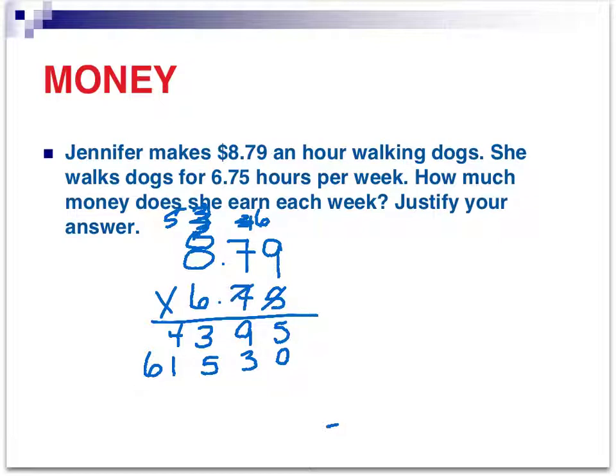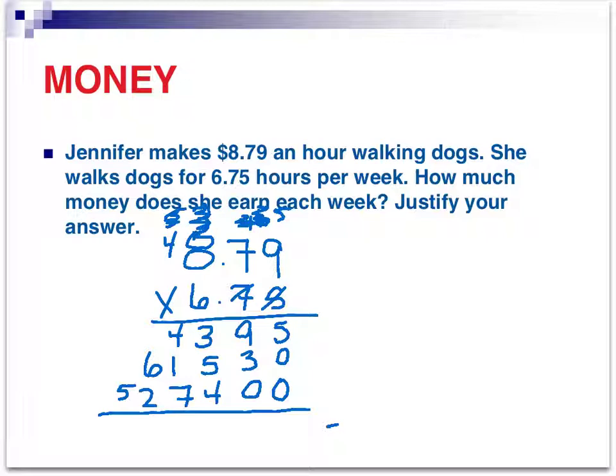And then multiplying everything by 6. I will add now 2 zeros as placeholders because I've taken care of the 2, 5, and 7. So now multiplying everything by 6. 6 times 9 is 54. 6 times 7 is 42, plus 5 is 47. 6 times 8 is 48, plus 4 is 52.